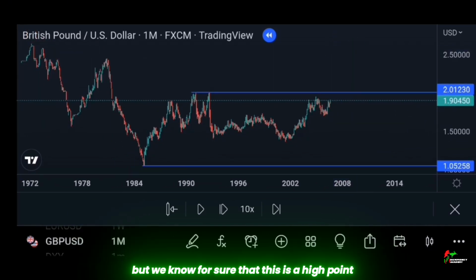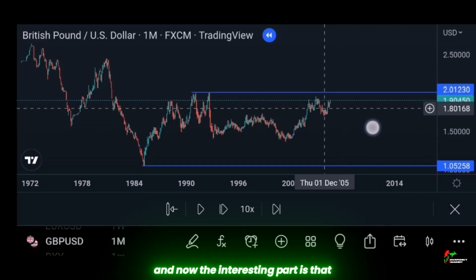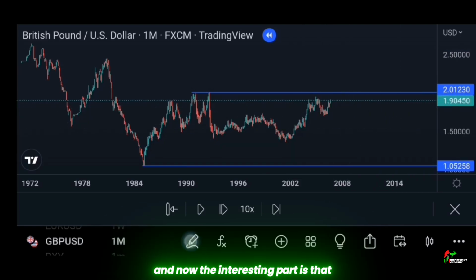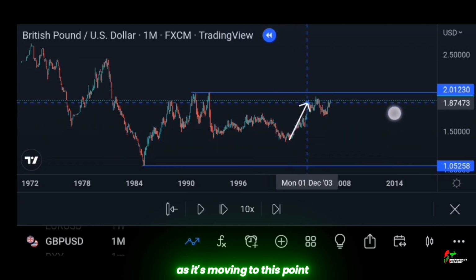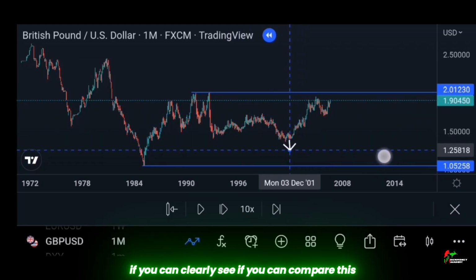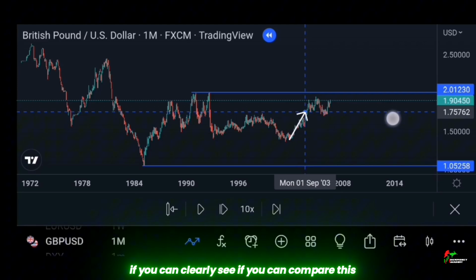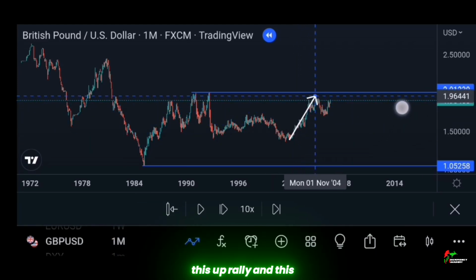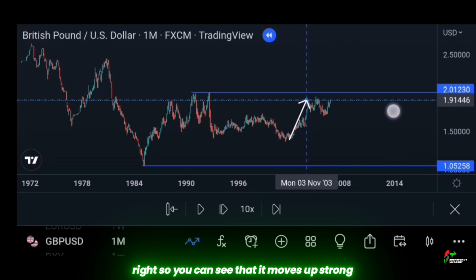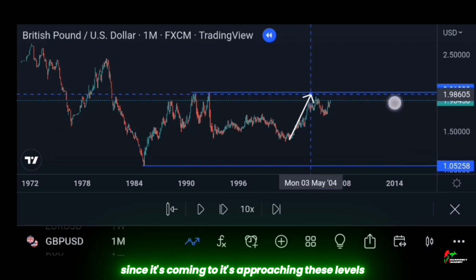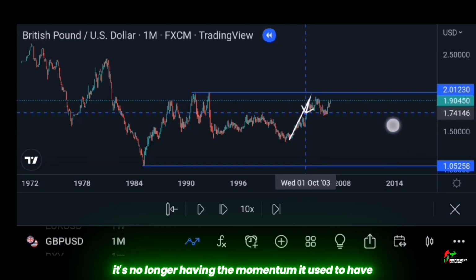We know for sure that this is a high point, and the interesting part is that as it moves to this point, you can see it moves up strong, but as it approaches these levels, it no longer has the momentum it used to have.